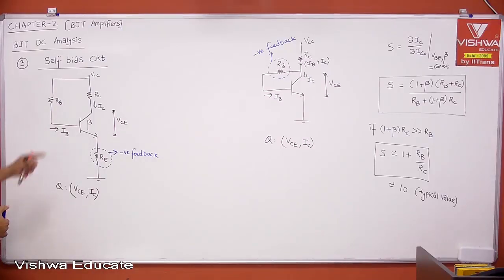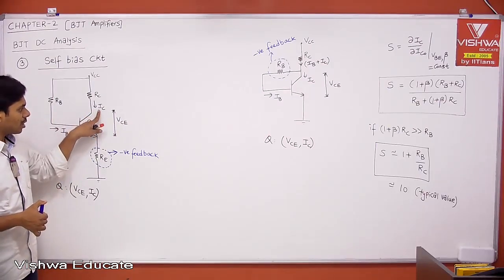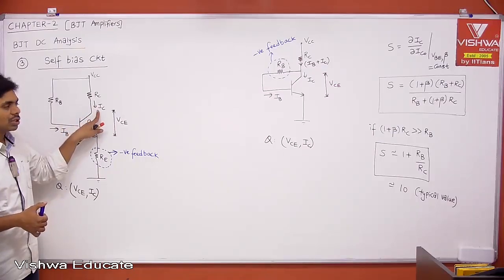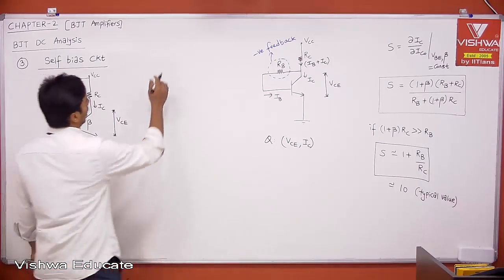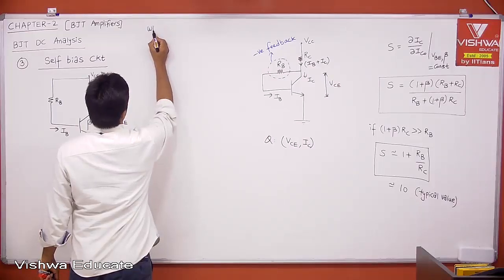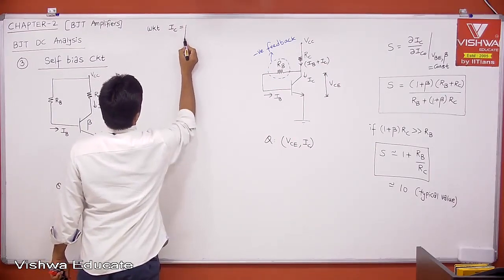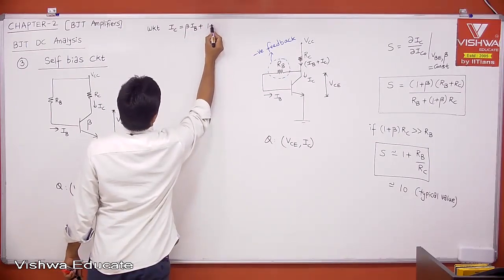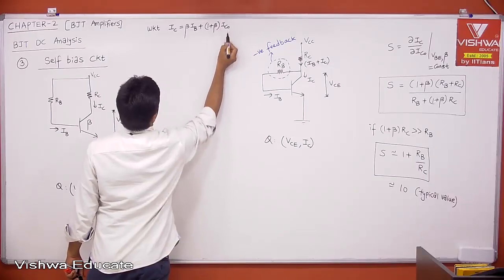Now, let's see how it is providing Q point stability. First of all, what is Q point? Output voltage comma output current. If IC is constant, obviously VCE will be constant. But we know that IC is changing due to temperature, right? If I write the same thing, IC is equal to beta into IB plus (1 plus beta) into ICO.